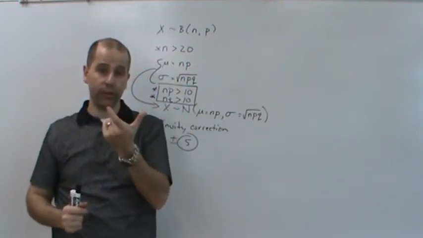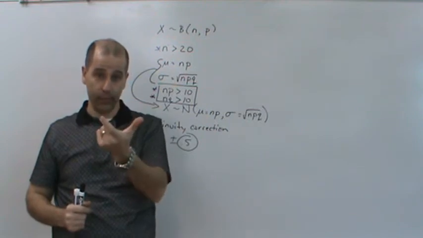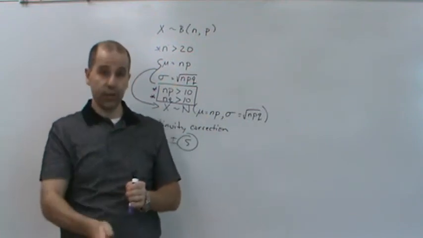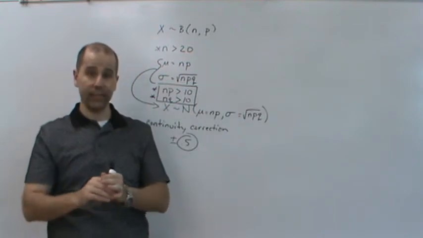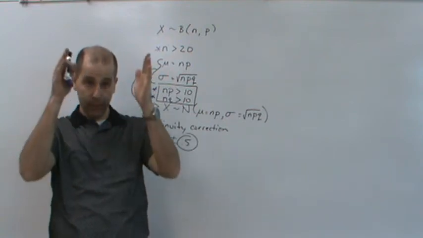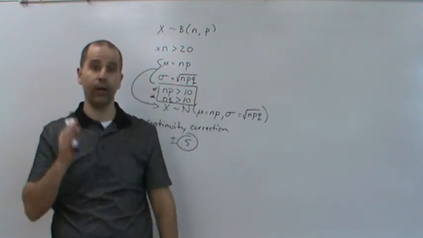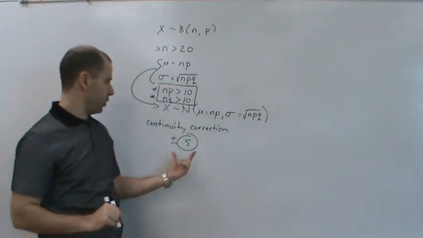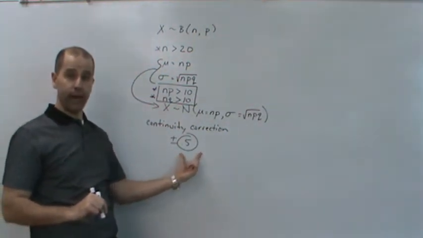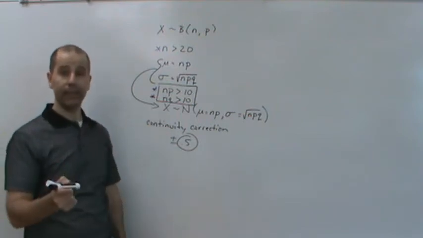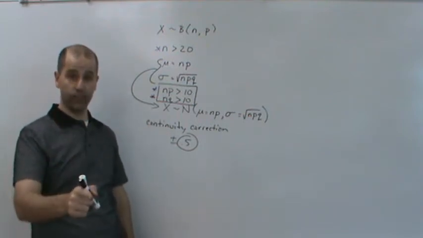Remember the width of a bar is 1 in the discrete case. So if we're centered right in the middle, and that's where x is, then 0.5 above and 0.5 below is where the boundaries of our histogram are going to be. So what we want to do is add 0.5 or subtract 0.5 depending on what probability we're asking for.